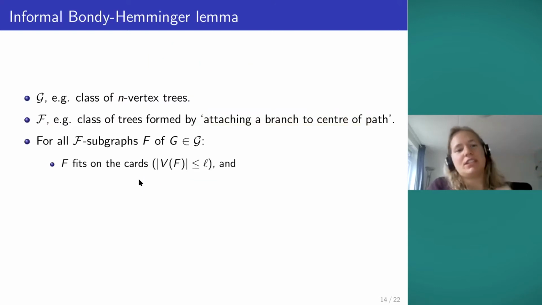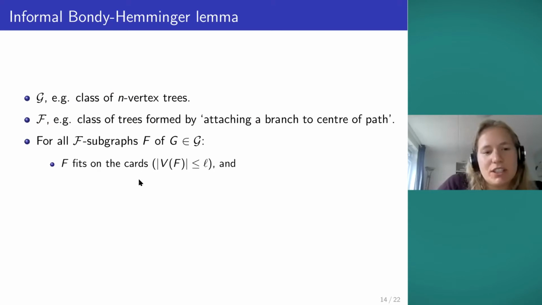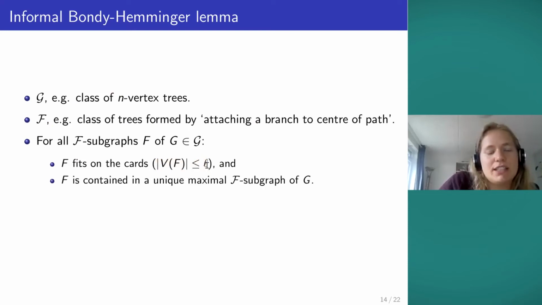And the conditions in our lemma, what we need to ensure: the first thing is that all possible members of my graph class F need to fit on the card. This tells us that the number of vertices needs to be at most L. The second thing that needs to be true, which is the more tricky one, is that each such graph needs to be contained in a unique maximal subgraph.